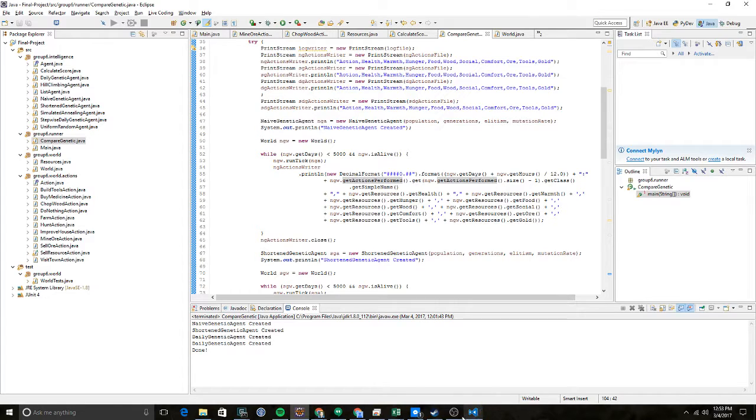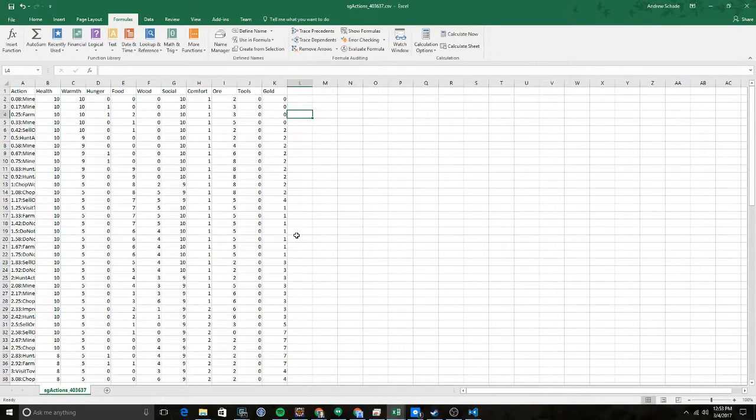It takes so long to run, so I'm not going to do it. This is the output for the shortened actions. This is actually a smaller output file for it.